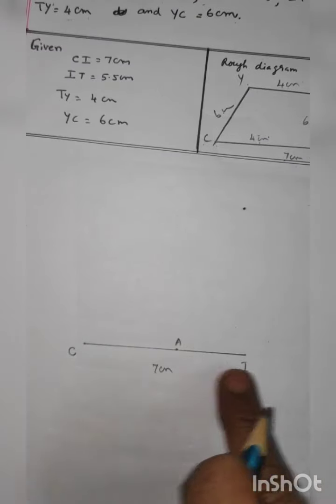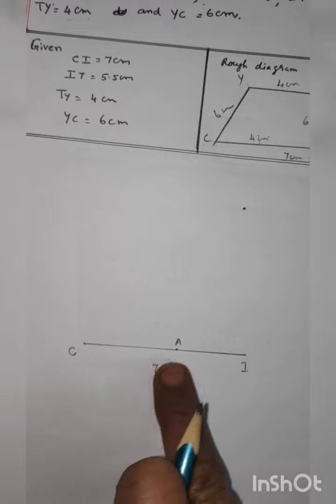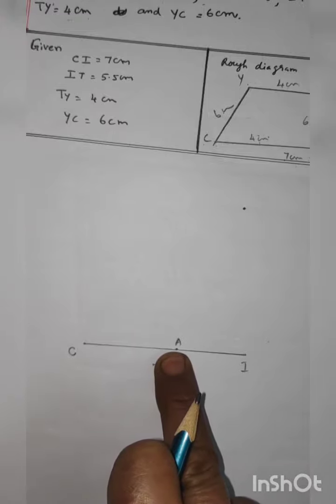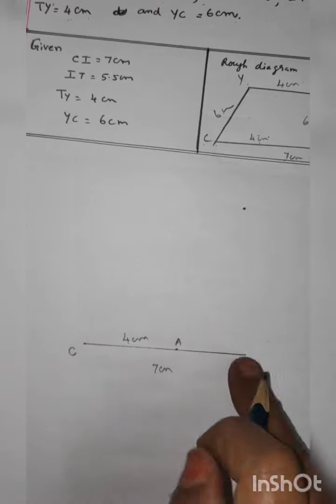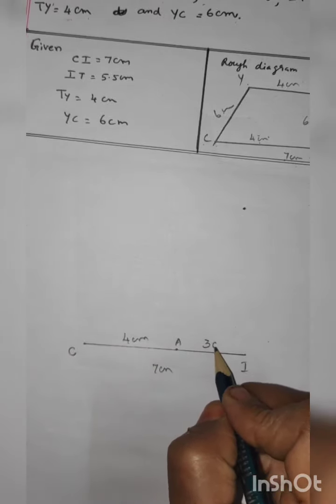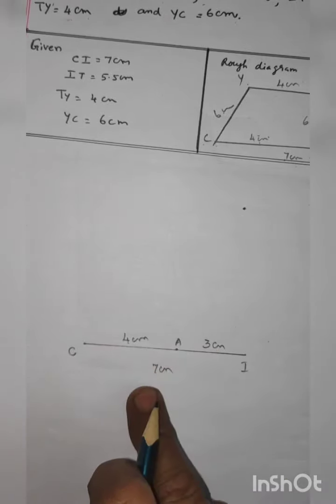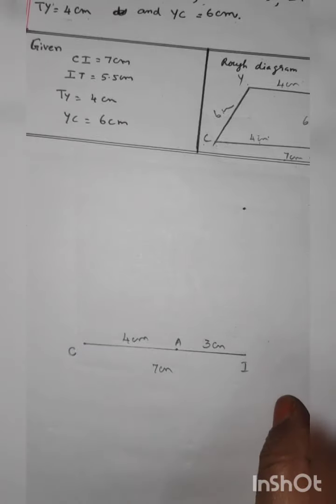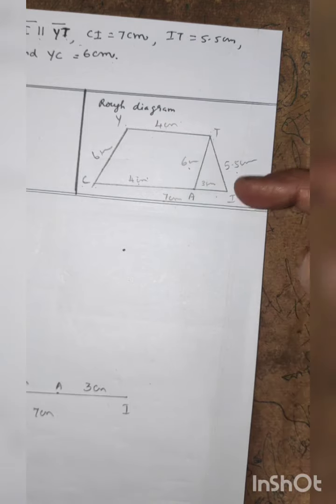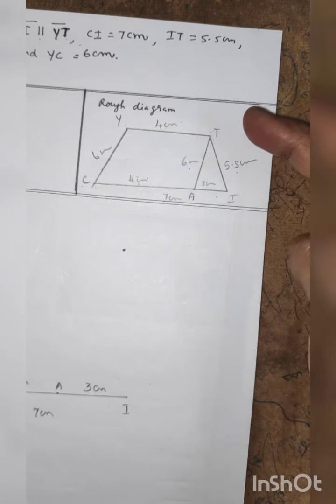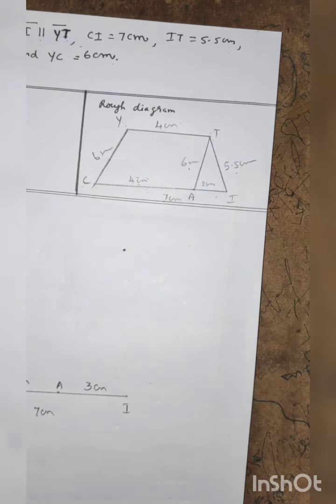Draw the line CI equal to 7 centimeter. Which centimeter do you want to keep the point at? 4 centimeter. So 4 centimeter means here the remaining is how many centimeter? 3 centimeter. Now 4 plus 3 equal to 7 centimeter. First work completed. Next, this triangle shape you complete first. Measure I to 5.5 centimeter.